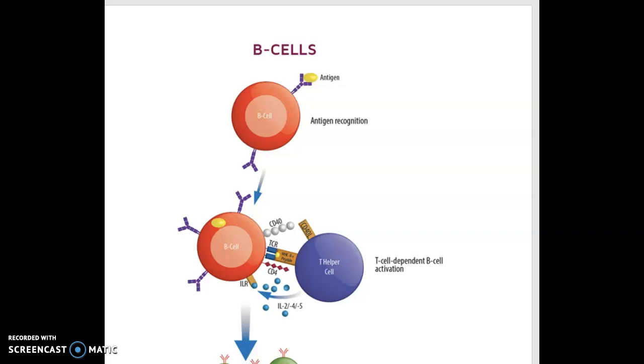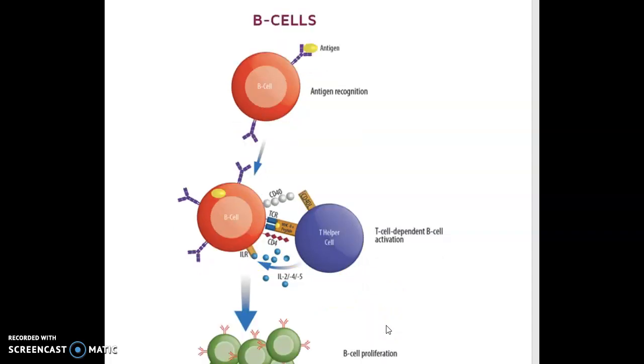If that happens, the T cell releases cytokines. Cytokines are a chemical that activates the B cell. So once the B cell and T cell have detected the same antigen and sent that message back and forth between them, the T cell releases cytokines to cause the B cell to begin to reproduce itself.